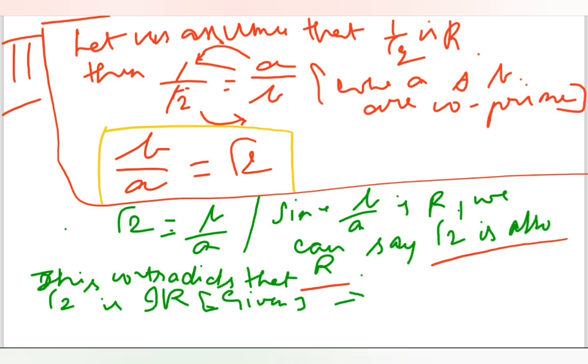Next we are writing, our assumption is wrong. Therefore 1 by root 2 is irrational. So hence proved. Let's go to another sum.